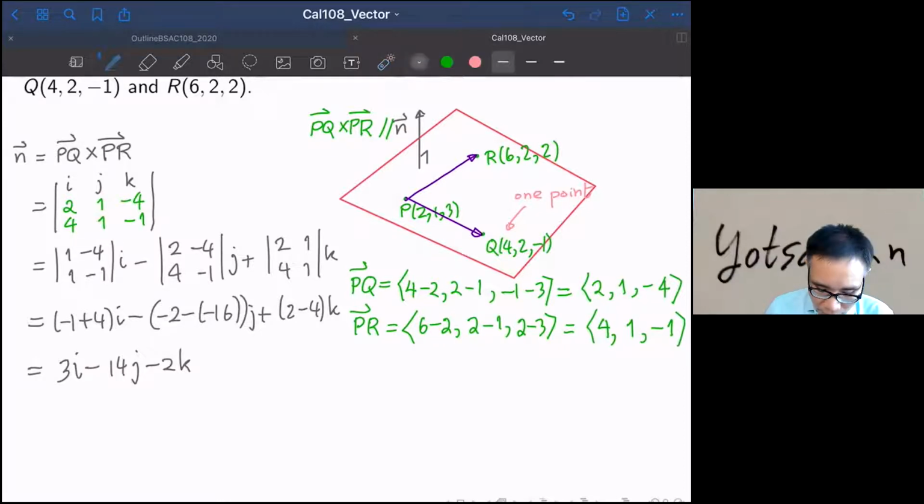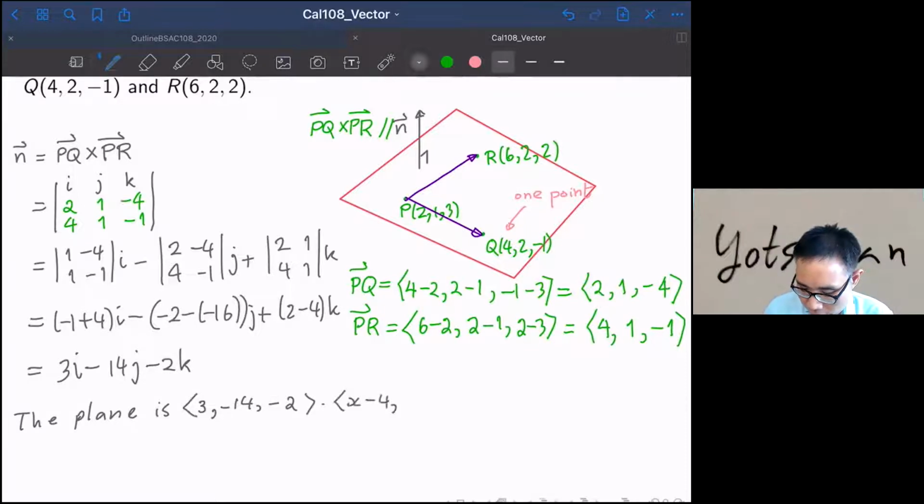So in this case, you have the equation of the plane. The plane is (3, negative 14, negative 2) dot (x minus 4, y minus 2, z plus 1) equal to 0.